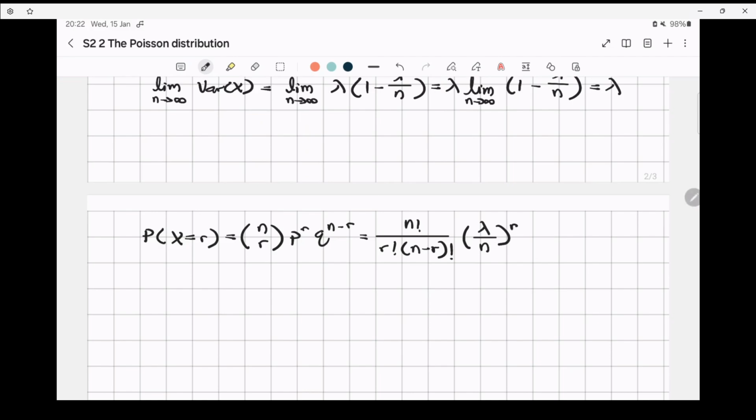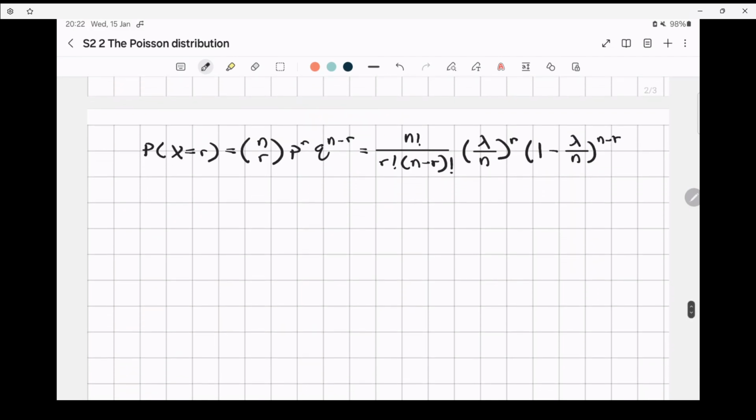So this is power r. Then you have 1 minus p to the power n minus r. So you want to find this particular limit. So you can do some conversion.